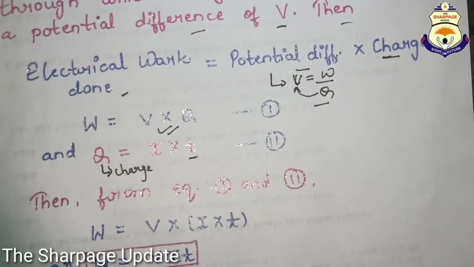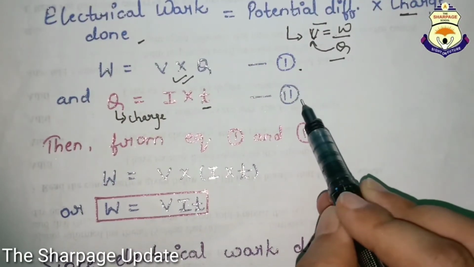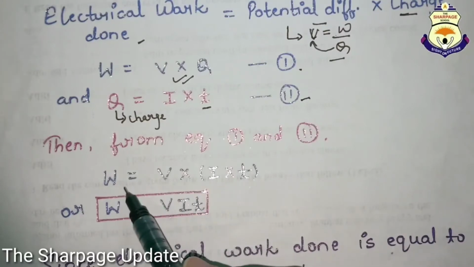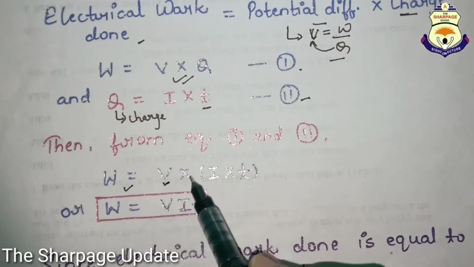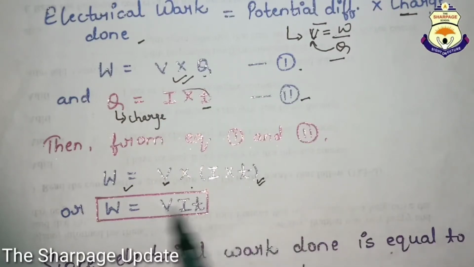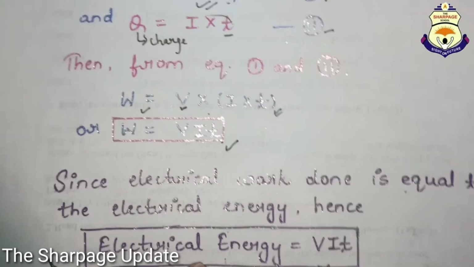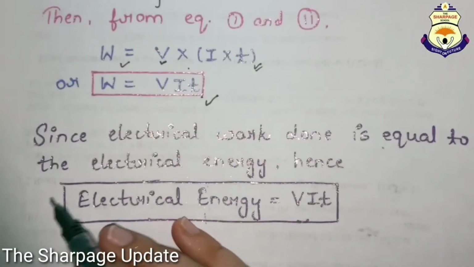We get W is equal to V into I into T, as we have placed IT in place of Q. So work done is equal to potential difference into current into time.